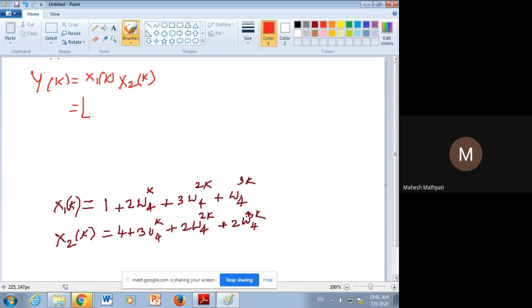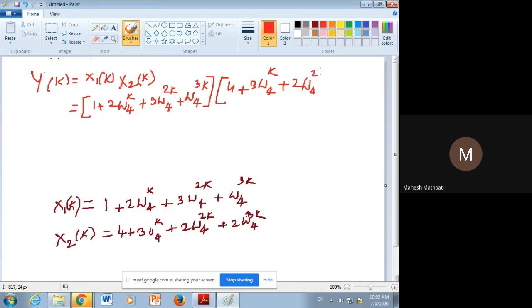you just substitute the values. What we wrote here, 1 plus 2 w4 to the power k plus 3 w4 to the power 2k plus w4 to the power 3k, which is again multiplied with the value 4 plus 3 w4 to the power k plus 2 w4 to the power 2k plus 2 w4 to the power 3k.